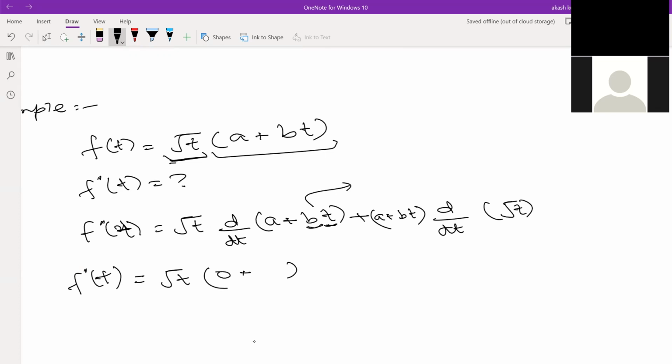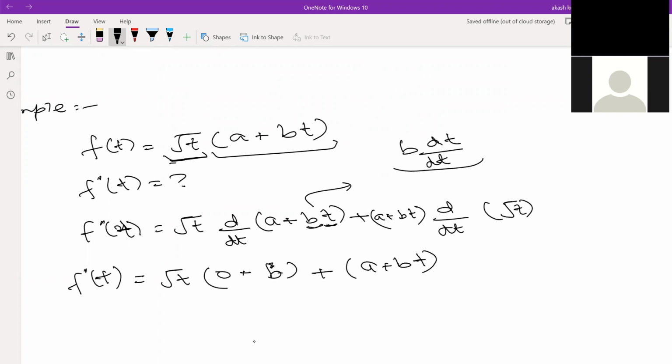The rule that we understood yesterday was taking the constant out and then differentiating the function. Taking b out and differentiating t with respect to t, it will be 1, so it will be only b. Plus a plus bt.